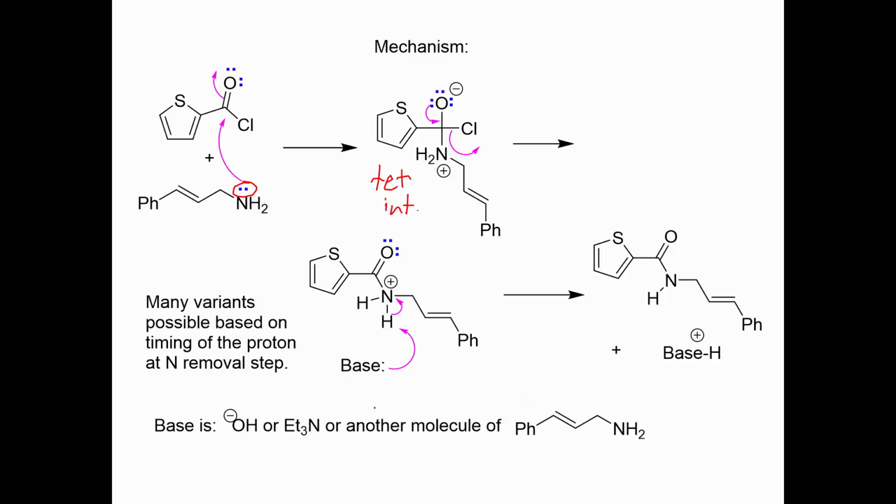Our base is going to either be hydroxide, triethylamine, or another molecule of our amine that we used to do this reaction, and this is going to produce the amide. Okay, and whatever base we used, we get the protonated form of that base. If it's hydroxide, we get water. If it's triethylamine, we get triethylammonium.